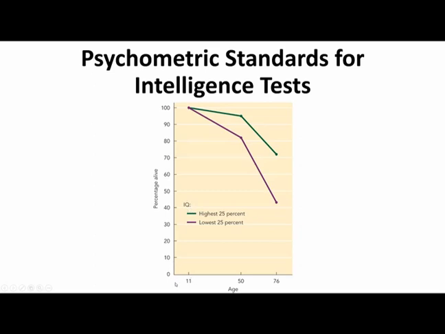So if we look at this graph here, we have age across the bottom, and percentage alive. So this is a survivability type curve. We have our purple line here, and that's people in the lowest 25% in terms of IQ, versus our green curve, which is people in the highest 25% for IQ. And our green line, the people who have a higher IQ, survive longer.